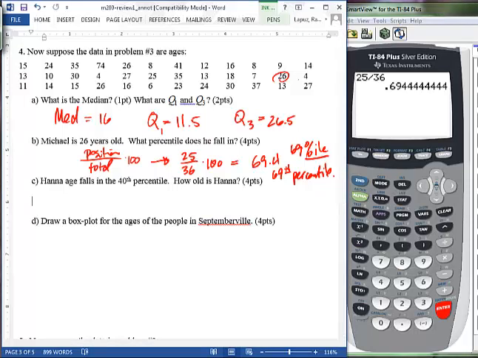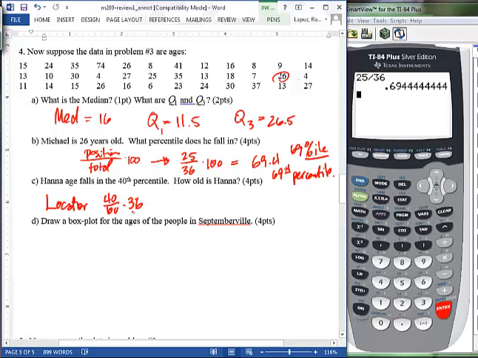The next question: Hannah's age falls in the 40th percentile. How old is Hannah? So this is the locator problem, where we take a look at the 40th percentile times the number of data that we have.